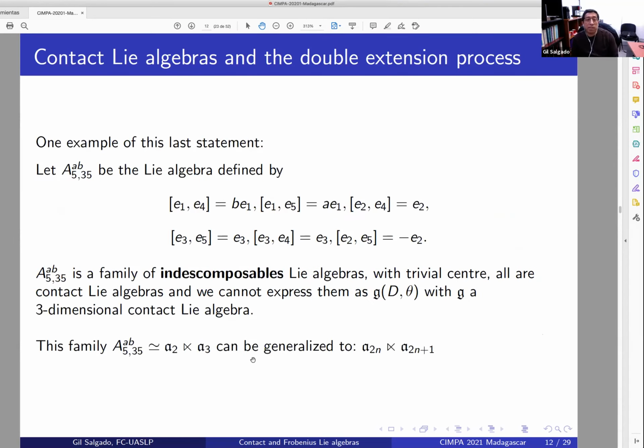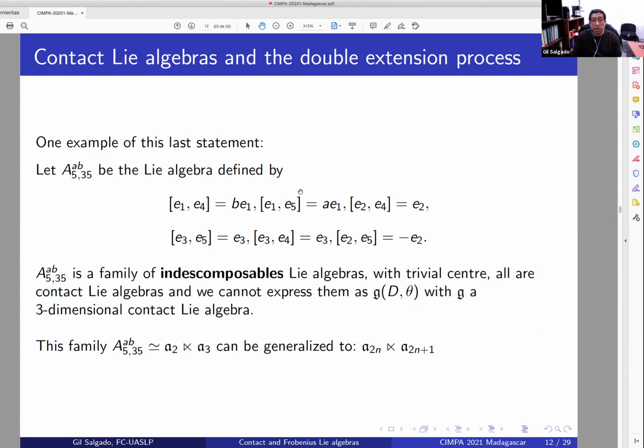And one example of this last statement is the following family of Lie algebras. 5 as subindex is the dimension of this Lie algebra, 35 is the number on the list of classifications, and A and B are parameters in the ground field.